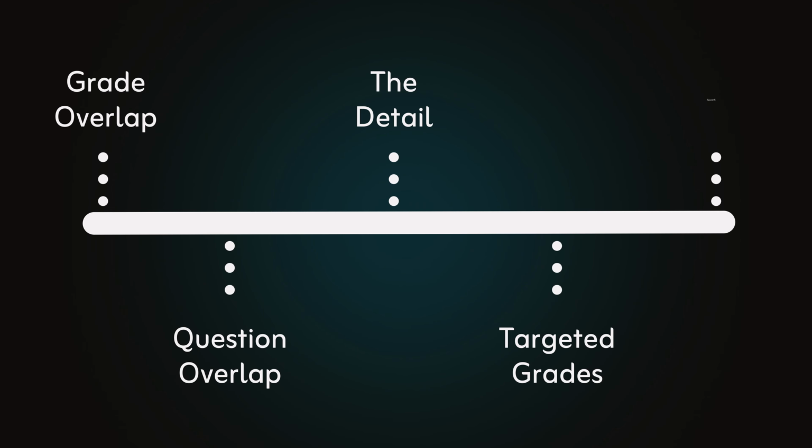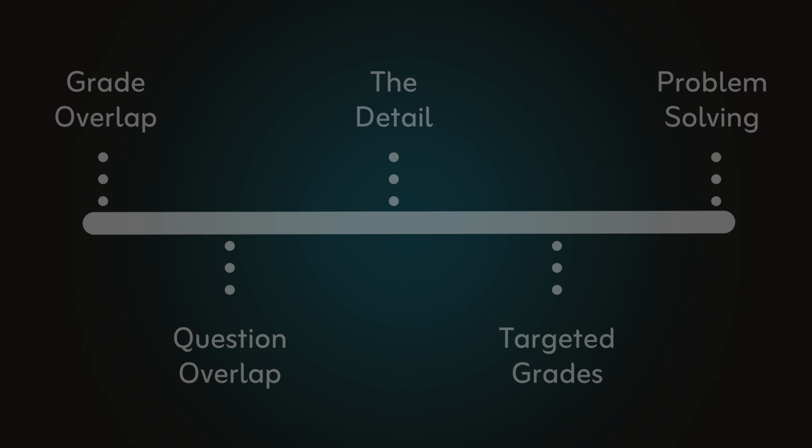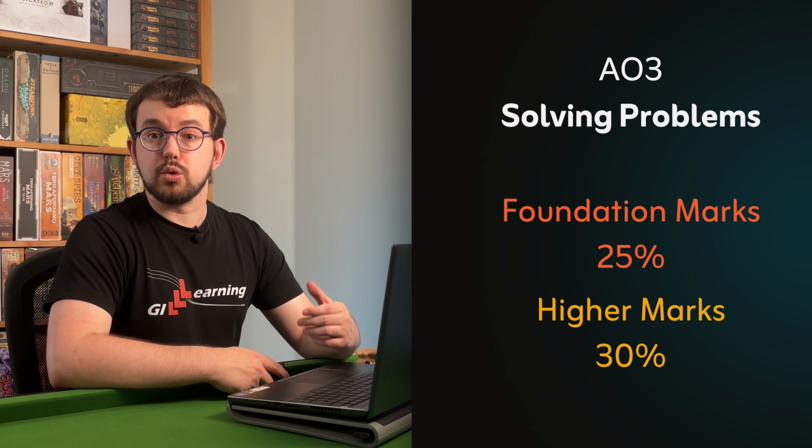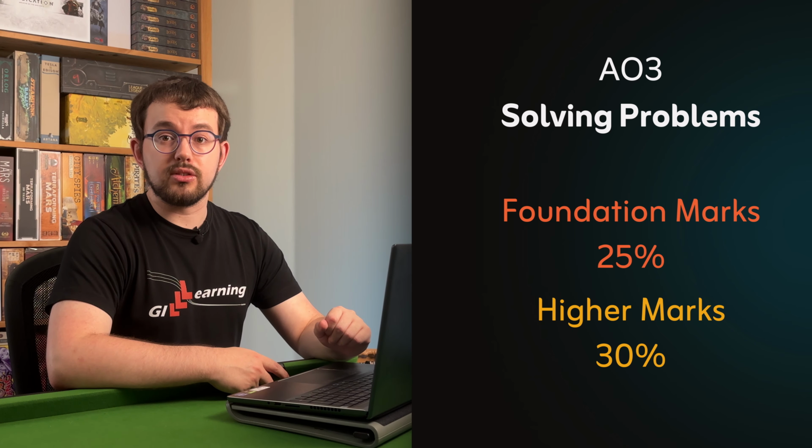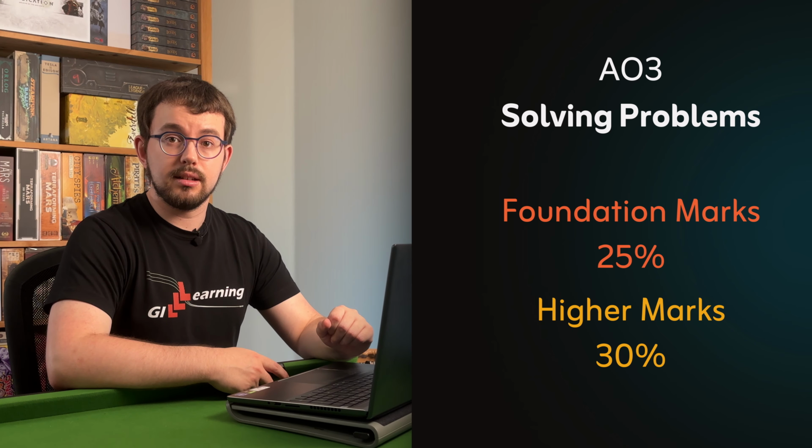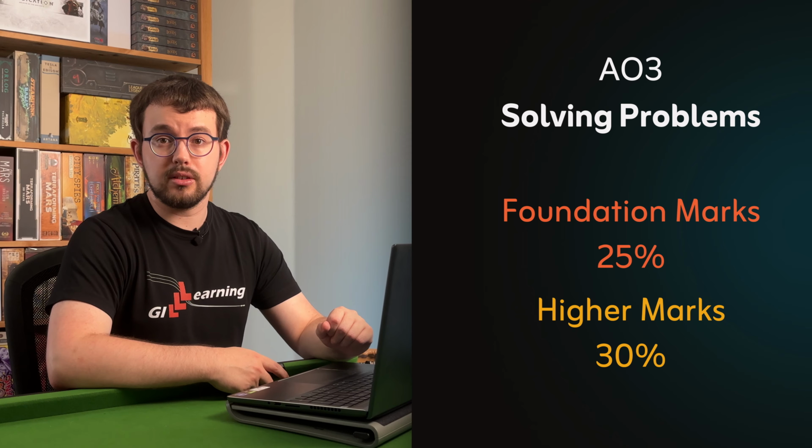Secret 5. Problem solving. Since 2017, when the current GCSE Maths specification came in, problem-solving skills have seen greater emphasis, constituting 25% of foundation marks, up from 15%, and 30% of higher marks, up from 25%.